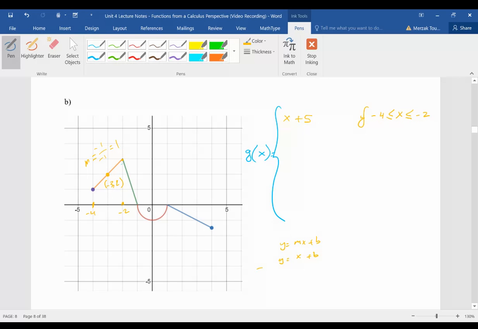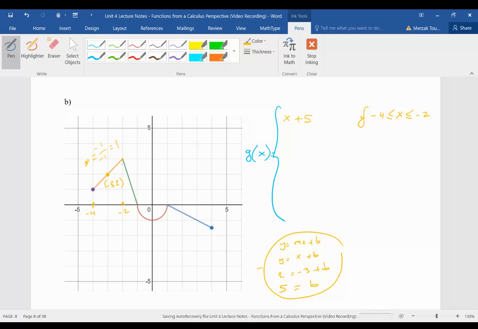That means y is 2 when x is negative 3. So you just solve. Add 3 to both sides. So that's 5. So either use algebra as I did over here, or you just track it graphically. I think it's easier to track it graphically, but if it's not possible, then use algebra.